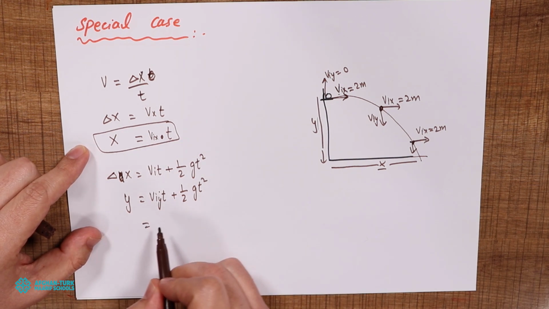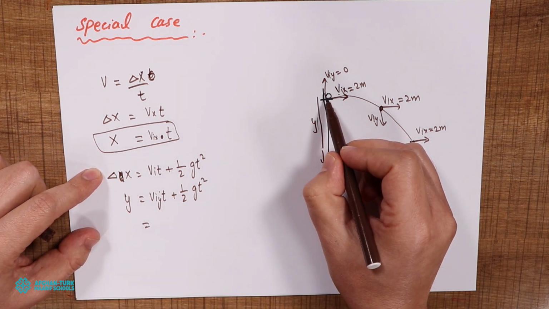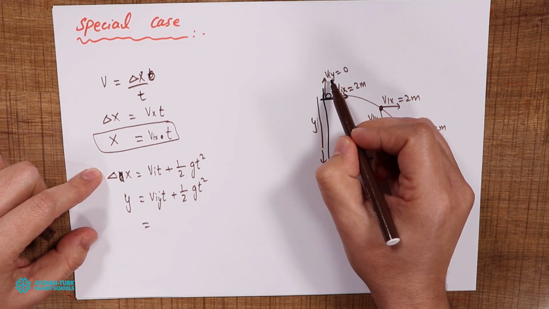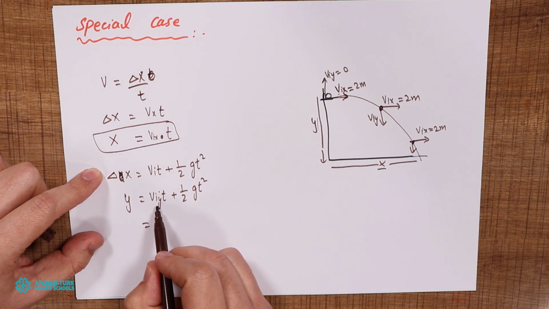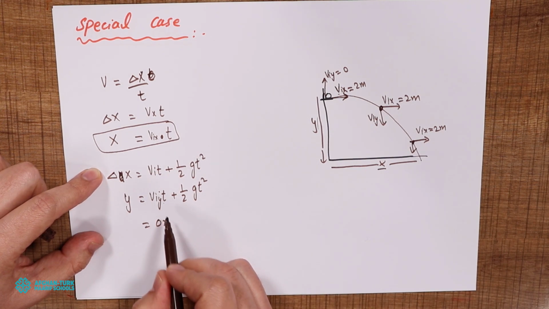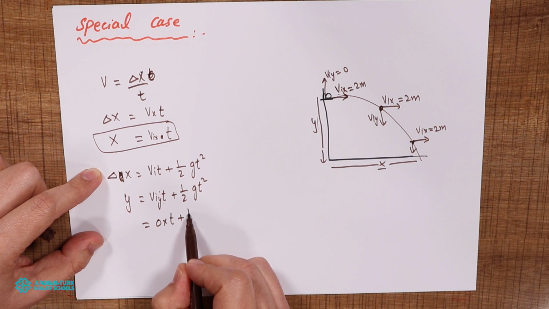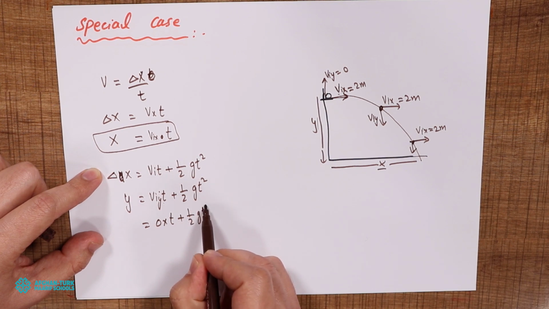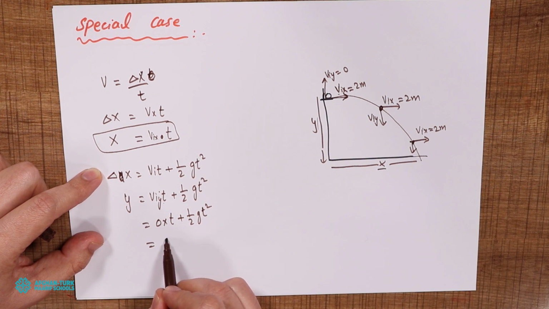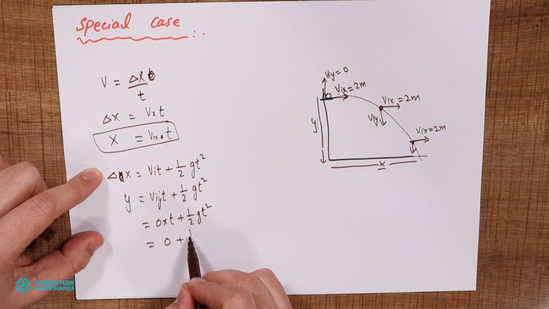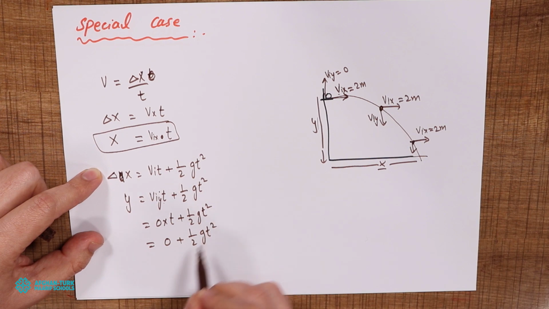One thing to remember here: the initial velocity on the vertical side is equal to 0. So if we put 0 here multiplied by t plus half g t square, this component will become 0 plus half g t square.